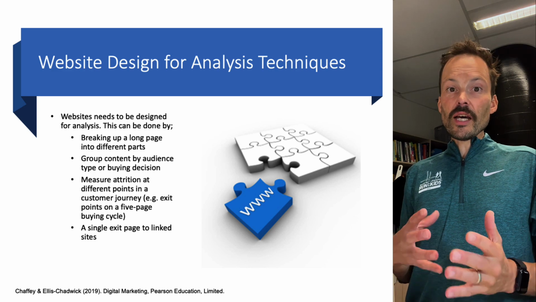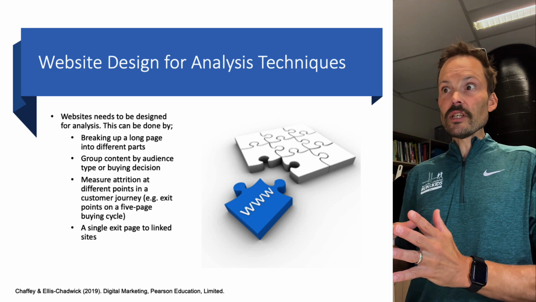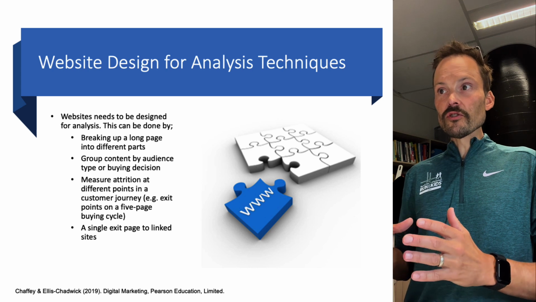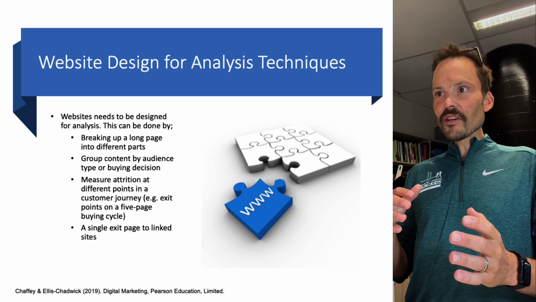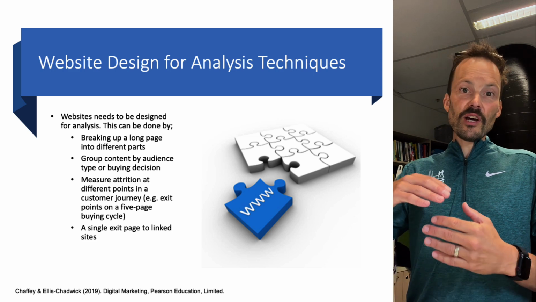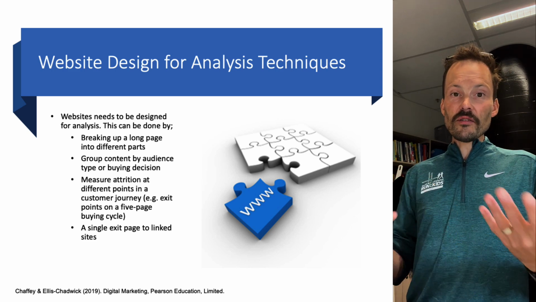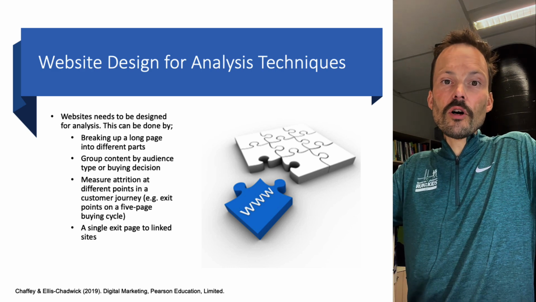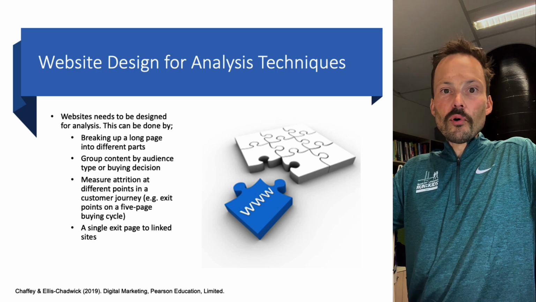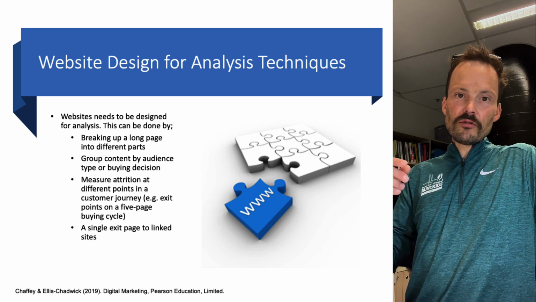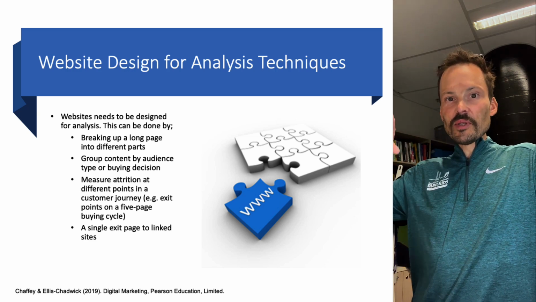So that we can measure different points in the consumer's journey. If your website is set up for commerce, you can measure those different points of the journey, from when you put your item in the basket.